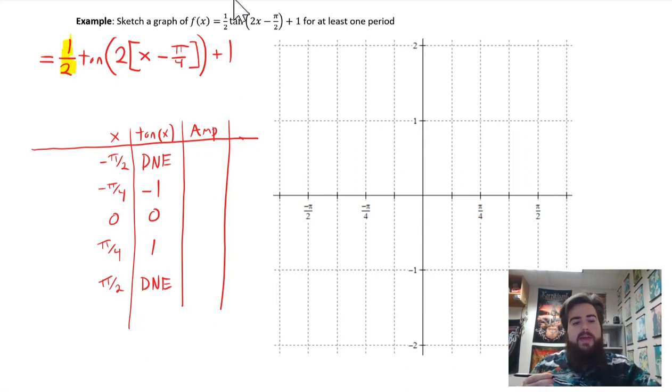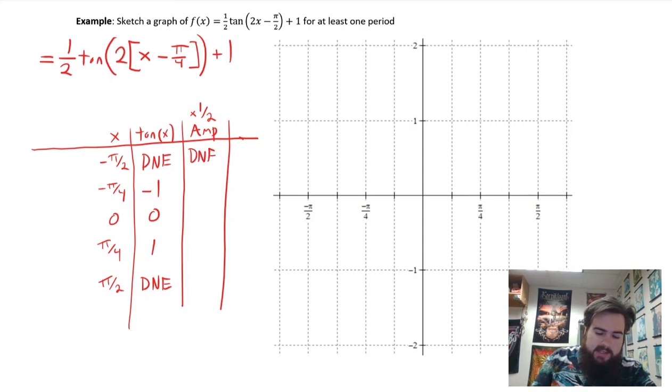You could also think about that as dividing by 2. And that's what I'm going to do to each of my values. I am going to multiply by 1/2, or divide by 2. That will leave me with still asymptotes. The y-coordinates for the other values are going to be negative 1/2, 0, and 1/2.